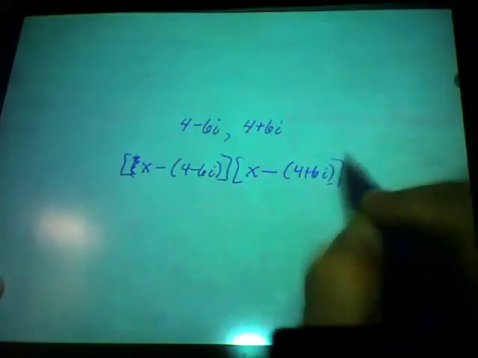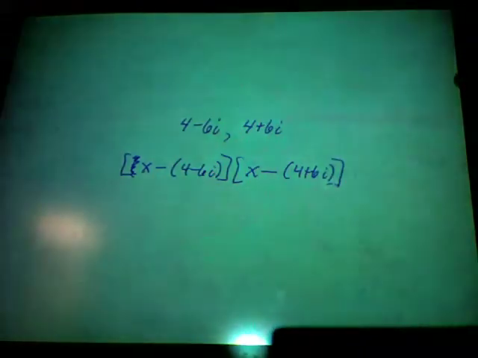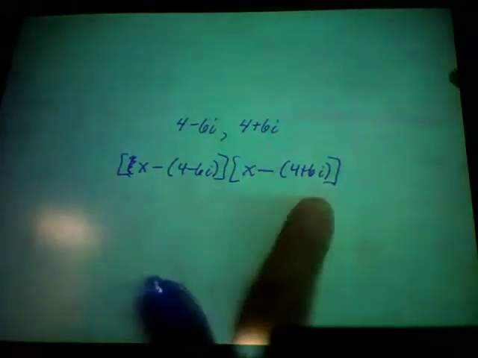Because technically, don't we always change the sign? If I had a -1, wouldn't I write it as x minus a -1, and that's how we get a +1? Or if I have a +1, x minus 1 gets me that -1. So using the minus here, we'll change all these signs.